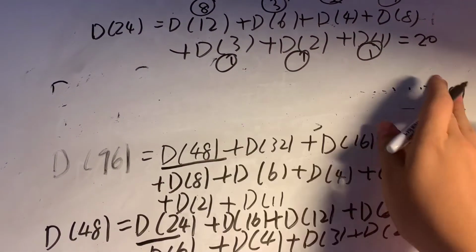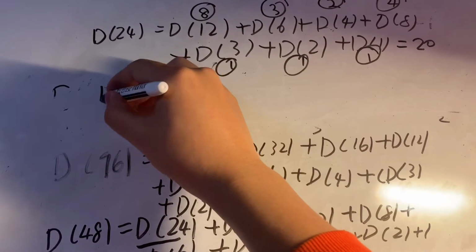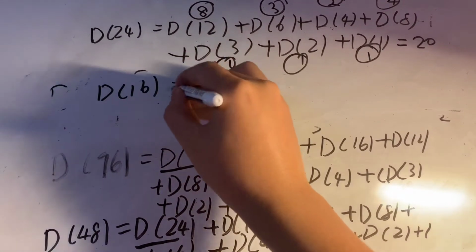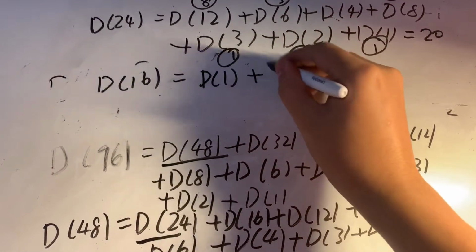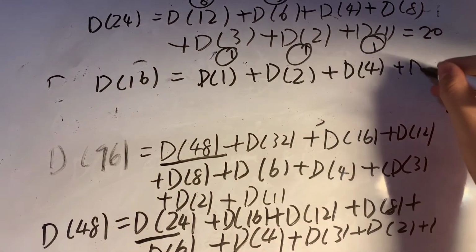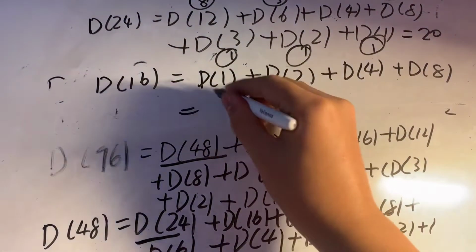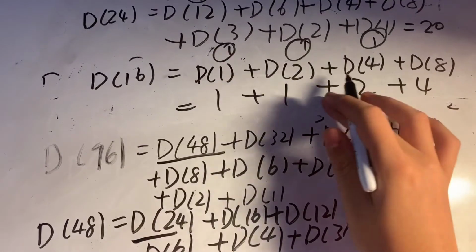Then let's work on d16. d16 is equal to d1 plus d2 plus d4 plus d8, which is 1 plus 1 plus 2 plus 4, equal to 8.